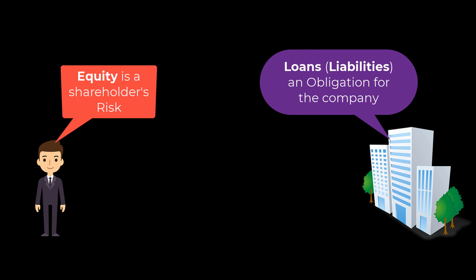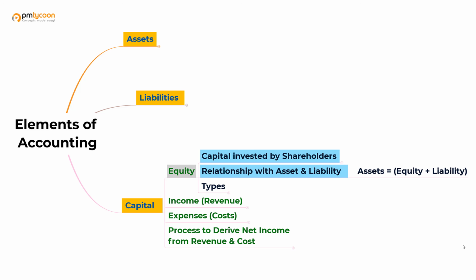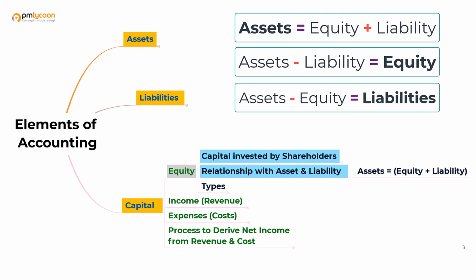We have now come to a logical conclusion of how we have gotten this formula: asset is equal to equity plus liability, right? Now you can use the same formula to also calculate the equity. If I take liabilities from here and send it to there, then equity is equal to asset minus liability.